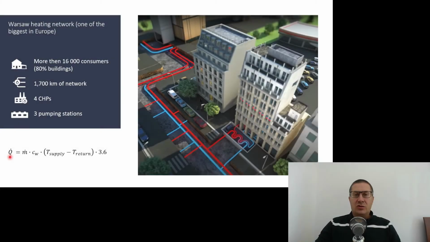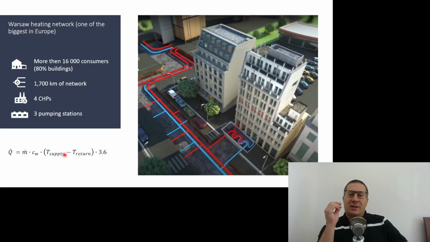The heat transfer is a function of the water flow, the difference between the temperature of supply water and the temperature of return water, and the specific heat parameter for water. So we can play with the water flow or with the temperature difference if we would like to provide more heat to the users.